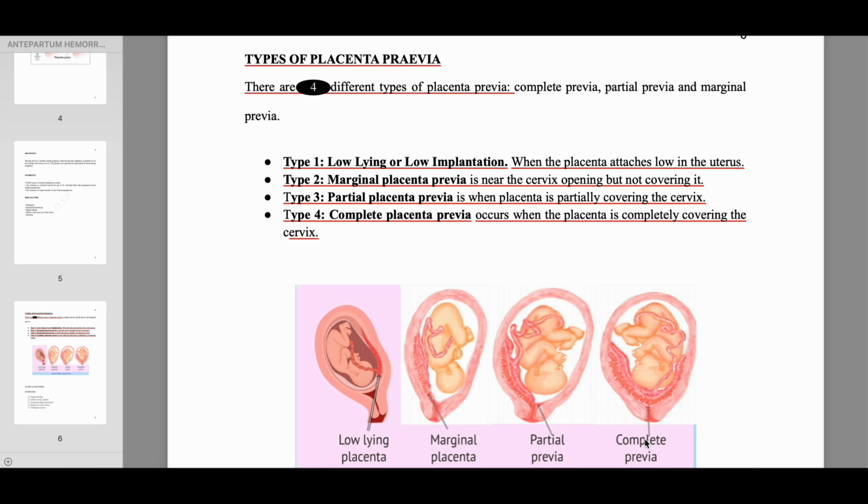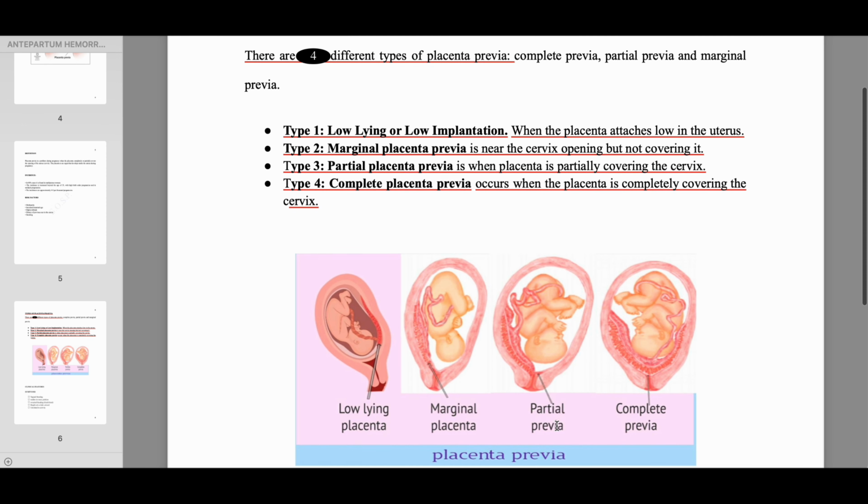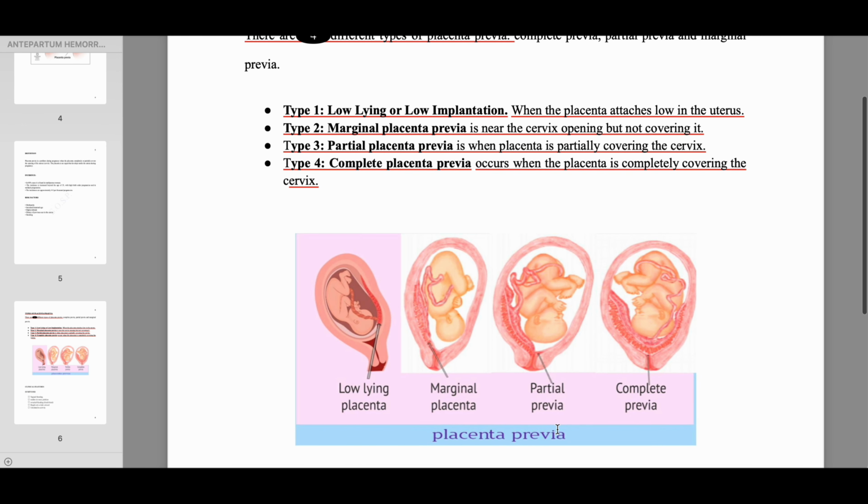So this is complete placenta previa. Like this, there are specifically 4 types of placenta previa: low-lying, marginal, partial, and complete placenta previa.